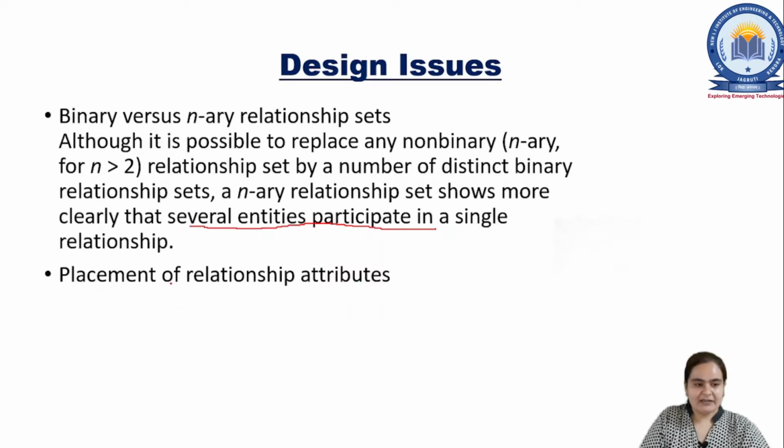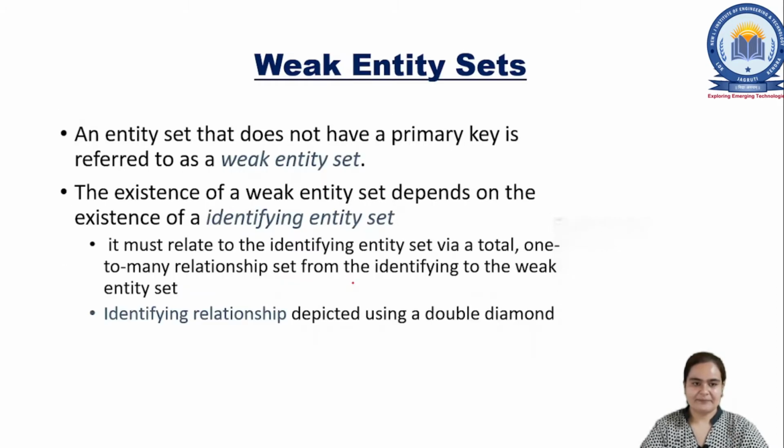So we'll see it later. Placement of relationship attributes is also difficult because we need to model only the important attributes required for identifying that particular entity.